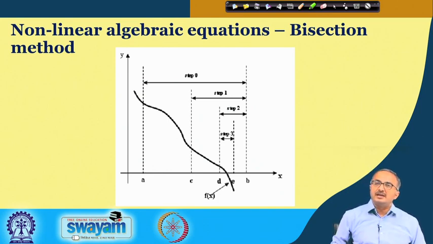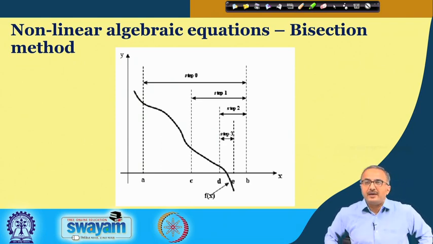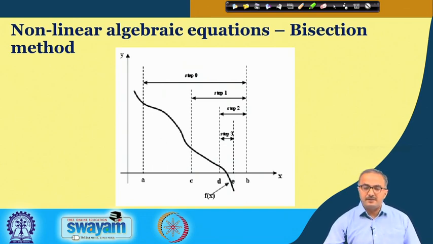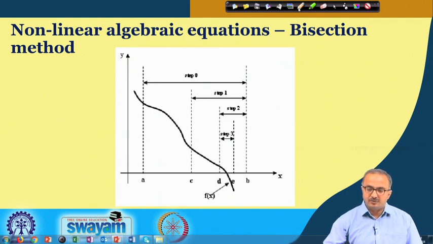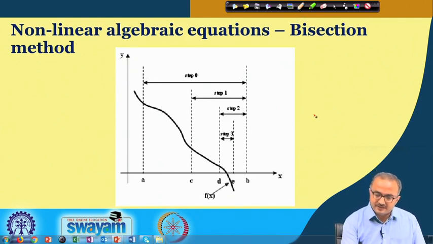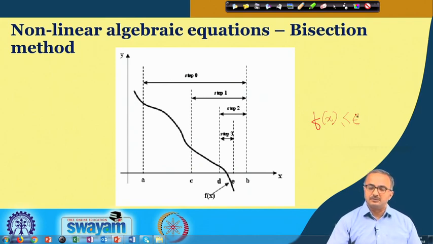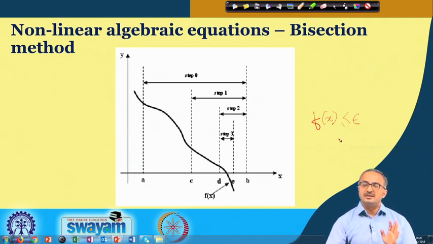What I can do is take the new value of x, and at that point again find the f(x) value. If I see that the f(x) value is less than or equal to some user-specified convergence criterion, mathematically it would look like this: if |f(x)| is less than or equal to some user-defined convergence, then I will stop and take that as my solution.